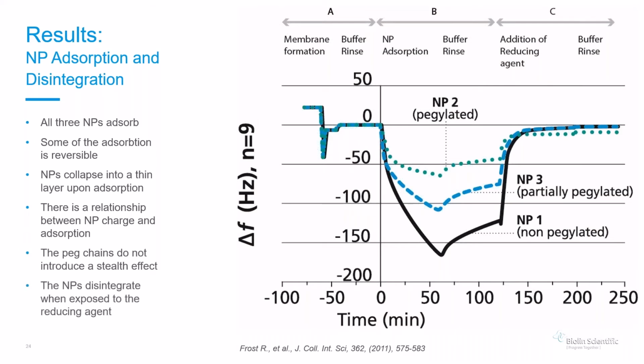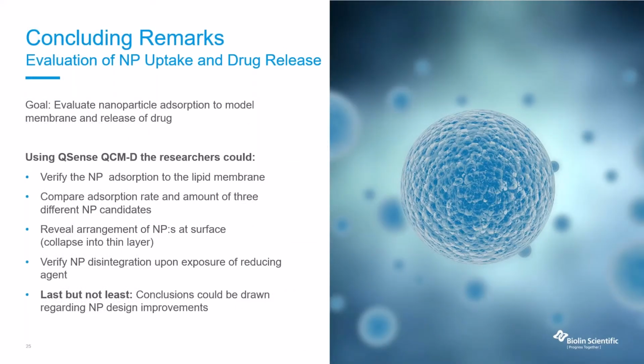But all of them disintegrate and release the drug quite neatly. So by using QCM-D, you can evaluate different kinds of candidates for nanoparticles and drug carriers to see how they behave, how efficiently they work, how they attach to the surface. And then you can draw conclusions about different design improvements that you might be interested in.